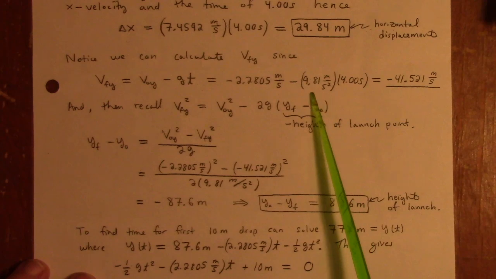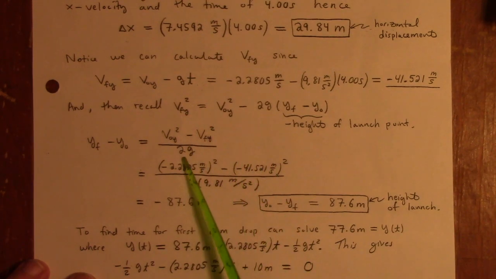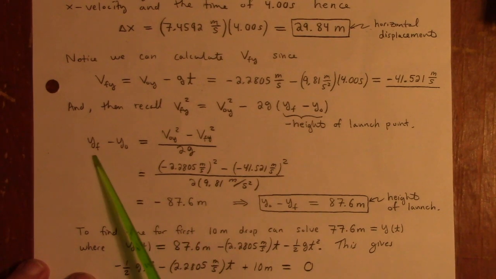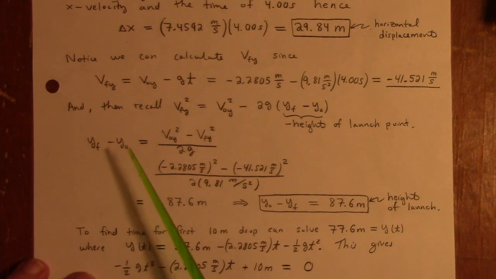So solving for what I'm interested in, the height, I get v naught y squared minus vf y squared divided by 2g, which when you plug in the numbers gives you minus 87.6, but of course that's actually minus the height, right? Because the final is 0 and the initial was where the building was. I mean, I guess I never said where 0 was, right?